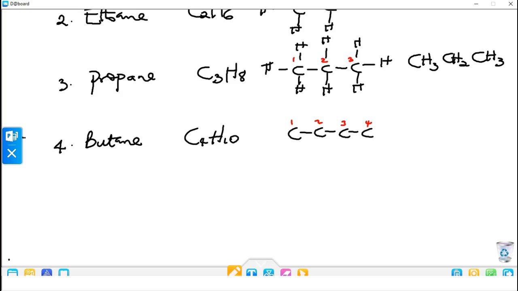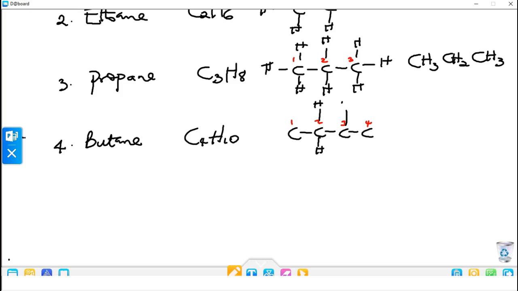So carbon 2 and 3 need only 2 more bonds, while carbon 1 and carbon 4 are looking for 3 additional bonds. So how can we distribute 10 hydrogen atoms between 4 carbon atoms? Since we have the rule that all carbon atoms must have 4 bonds, carbon 2 should take the 2 more bonds it needs.